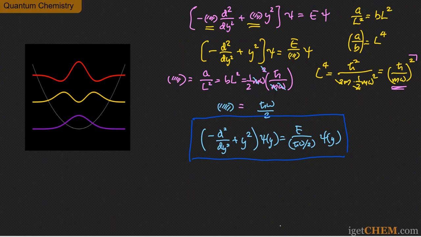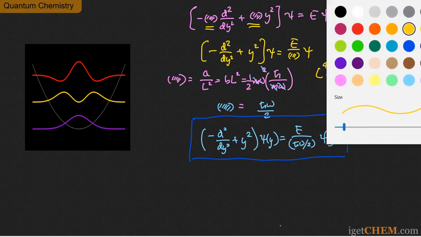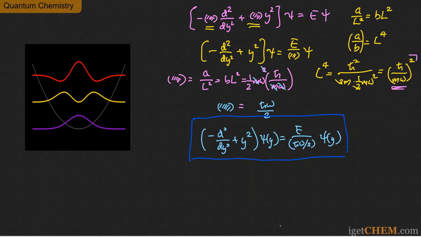So now that we know this is the equation we have to solve, let's focus on that and see if we can figure out what the solutions are. Before I do that, let me just write it slightly differently. I am going to rewrite this so that this is just equal to some epsilon, and epsilon is defined as E divided by h bar omega over 2. And as we have said, this is the basic unit of energy.